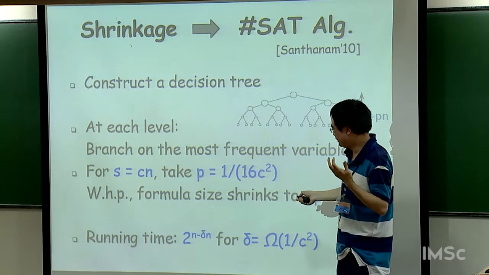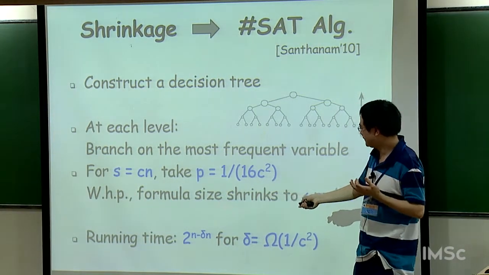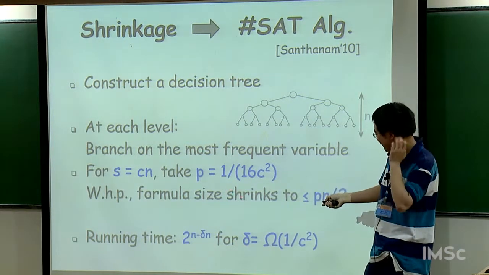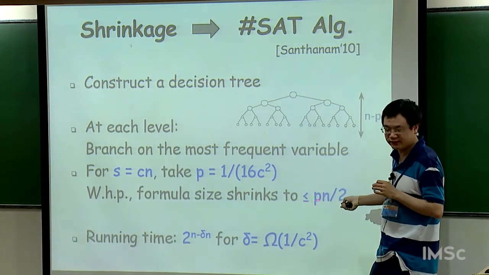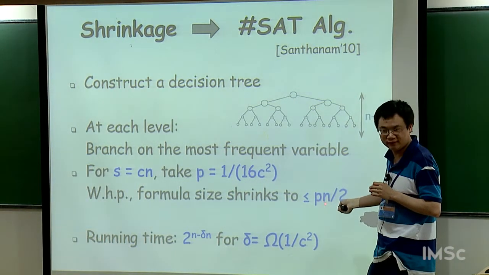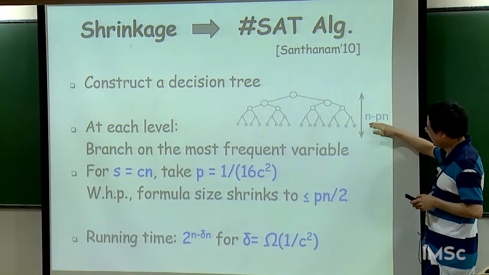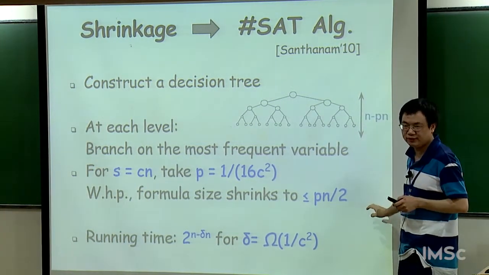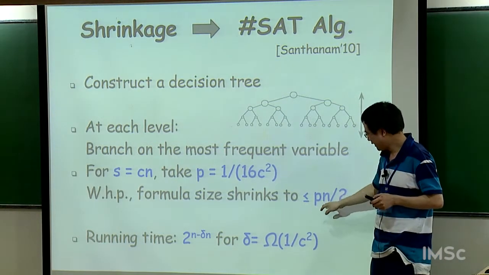Using that concentrated shrinkage, we can see that with high probability, the formula size after n minus pn steps is going to shrink to be at most half of pn. So at this level n minus pn, we have only pn variables left, but the formula size shrinks to be half of pn.